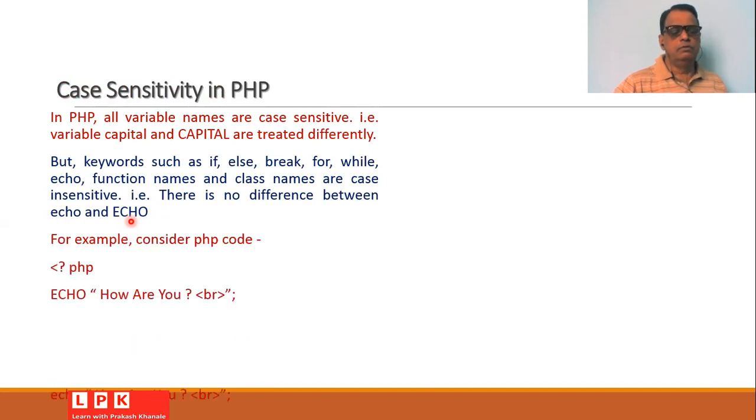For example, consider a small PHP code in which the first line is written echo, with the word echo in capital letters, and we are displaying the message, how are you? In the second line, I use echo in small letters and again display the same message. We know from our earlier session about the PHP environment the steps needed to execute any PHP code.